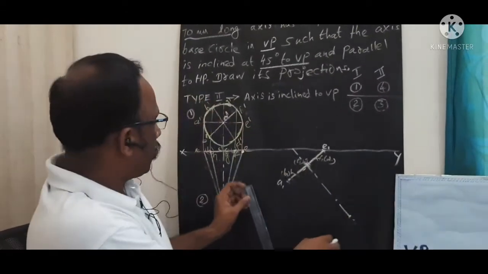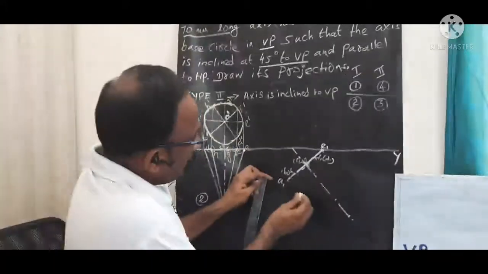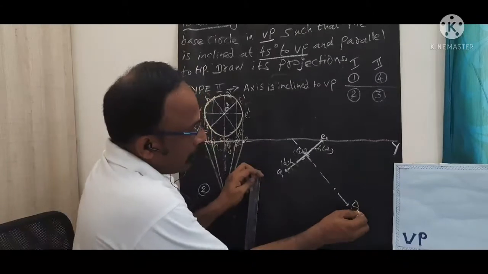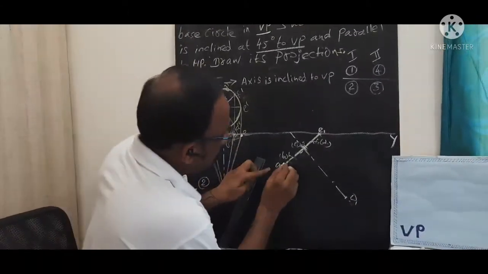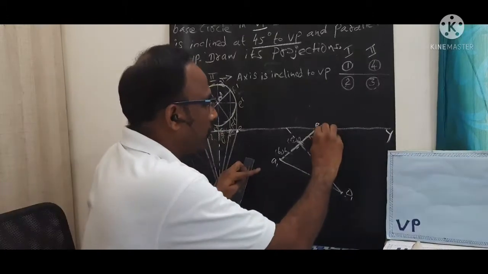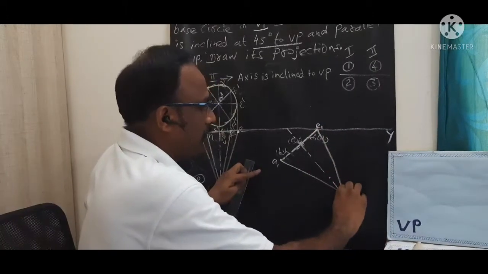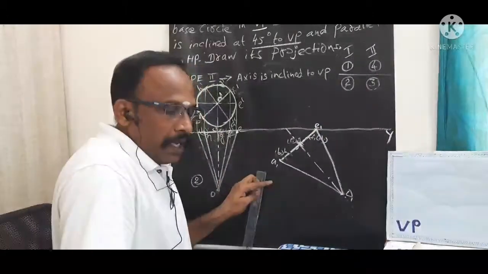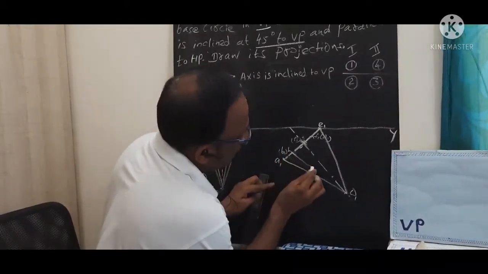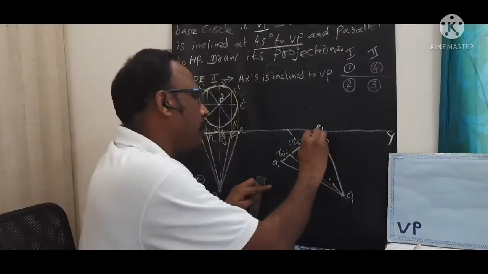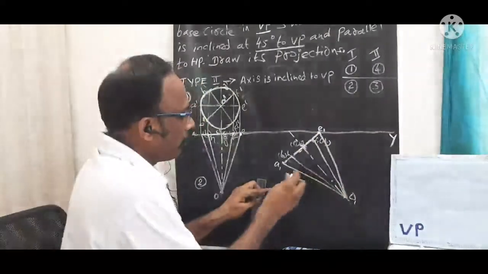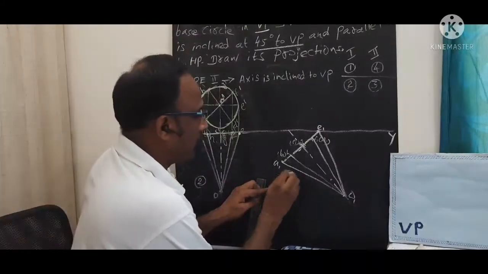Now we need to join A1 with O1, and O1 with E1, by darker or thicker lines. Inside lines you need to draw with a 2H pencil. Now step number 3 is completed.